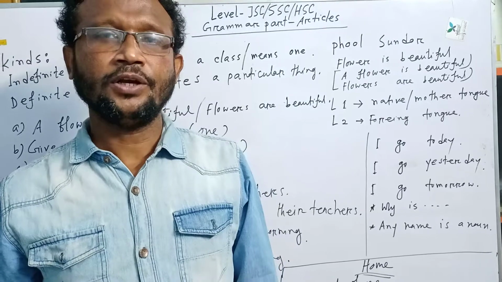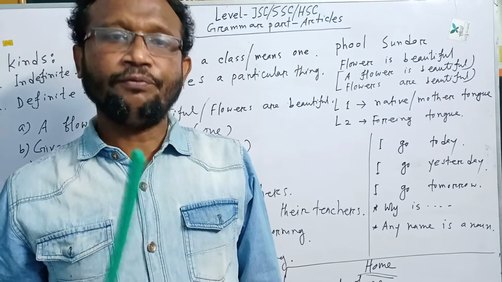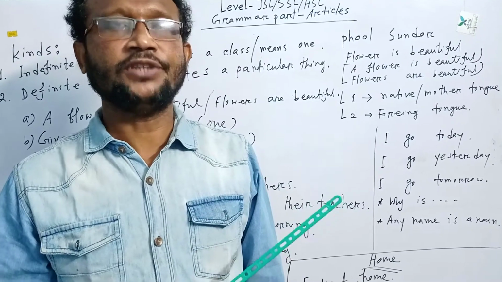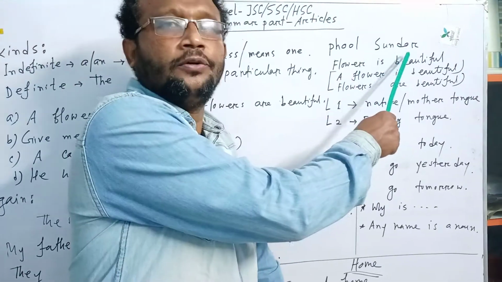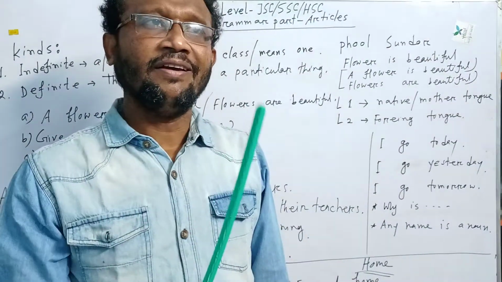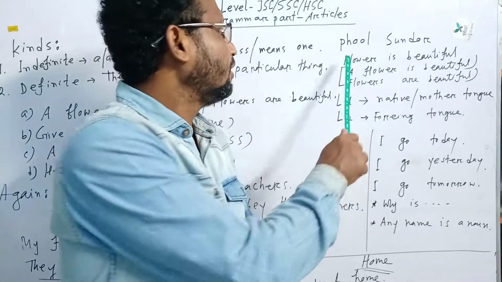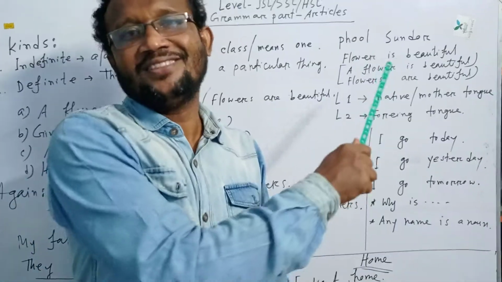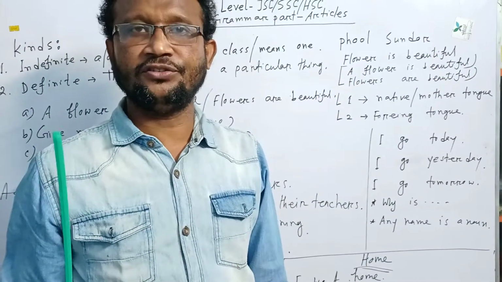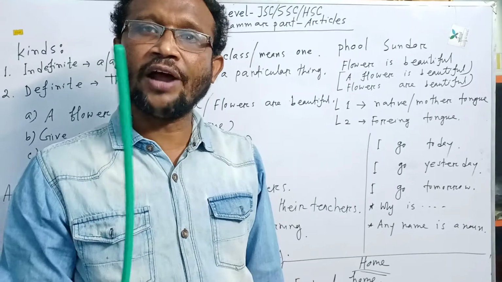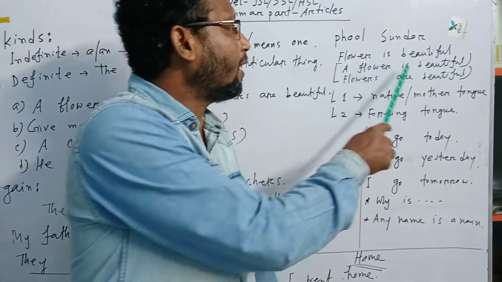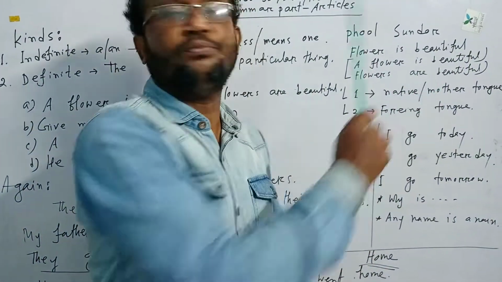For example, if you are asked to translate the sentence "ful sundor", a Bengali learner or student very simply writes, "flower is beautiful", but this is incorrect. In Bangla, we don't use articles, but in English, you have to use articles. So you have to write, "a flower is beautiful" or "flowers are beautiful".